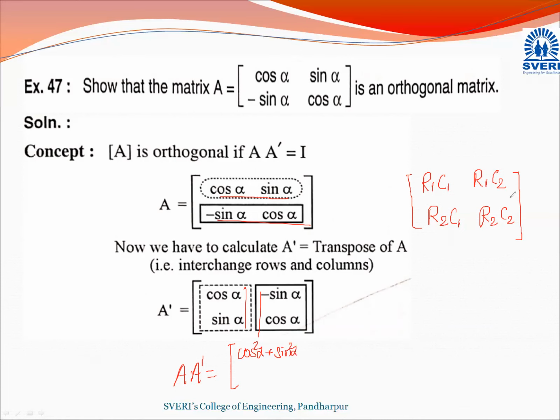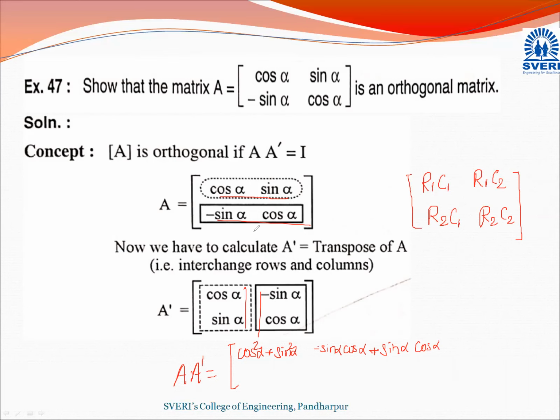Then next, R1 C2, first row, second column, minus sin alpha cos alpha plus sin alpha cos alpha.